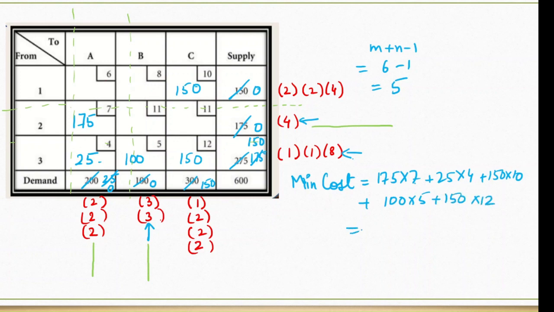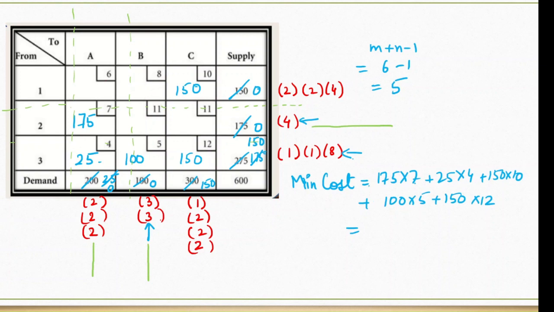And we can calculate the minimum cost, and we could check that with the northwest corner method and the least cost method, we obtained the minimum in this case.